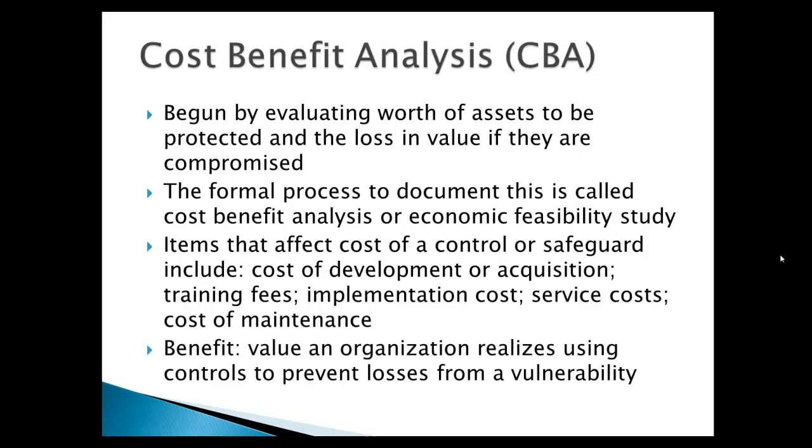The cost-benefit analysis is the approach most commonly considered for projects of information security controls and safeguards, and it addresses the economic feasibility of implementation. An organization begins by evaluating the worth of the information asset to be protected and the loss in value if those information assets are compromised by a specific vulnerability.